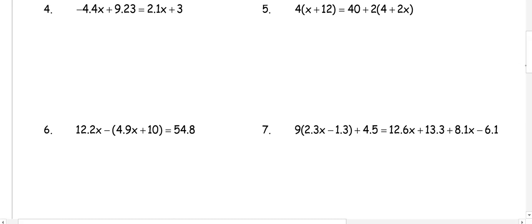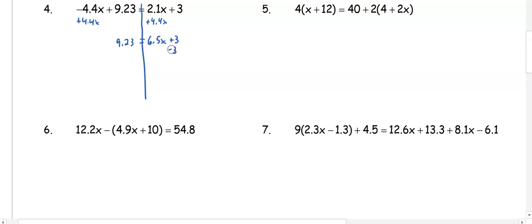Okay, in number 4, we have negative 4.4x plus 9.23 equals 2.1x plus 3. So first I want to move my smaller variable, which is 4.4. So we're going to add 4.4x to both sides. So we get 9.23 is equal to 6.5x plus 3.